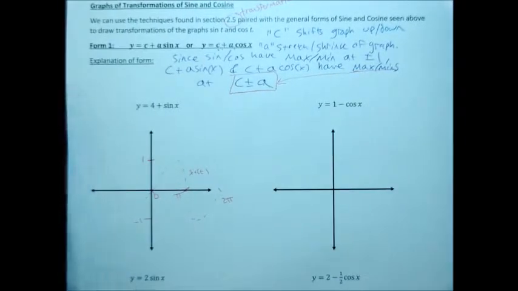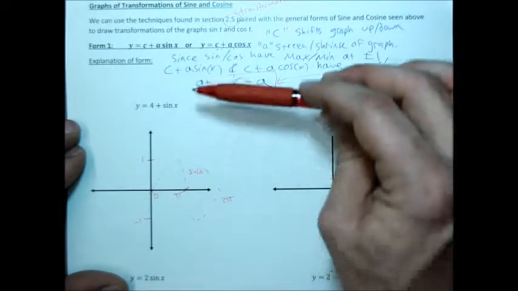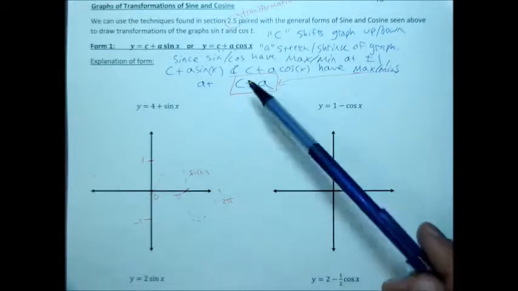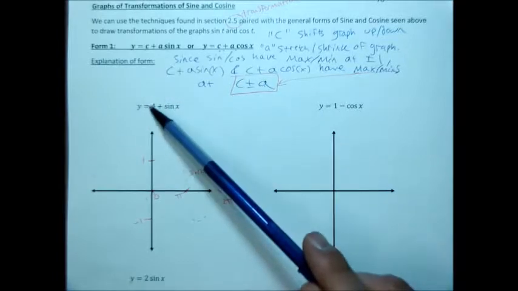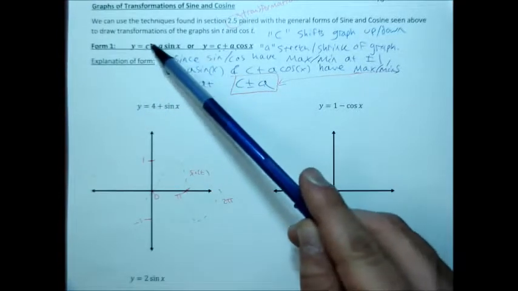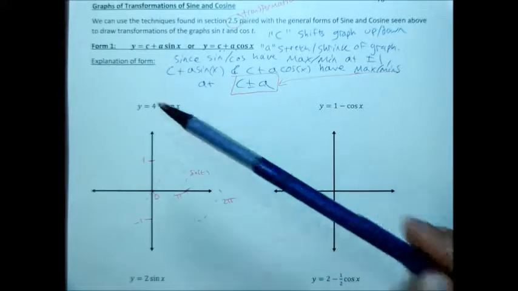And what we're doing is we're taking the sine graph and we're adding 4 to it. And so we're taking this and we're just shifting it up 4. And so our new graph is going to be that exact same graph but moved up 4. And the new max or min is going to be at C plus or minus A. So in this particular function, if we're looking at this form, C is 4 and A is 1.